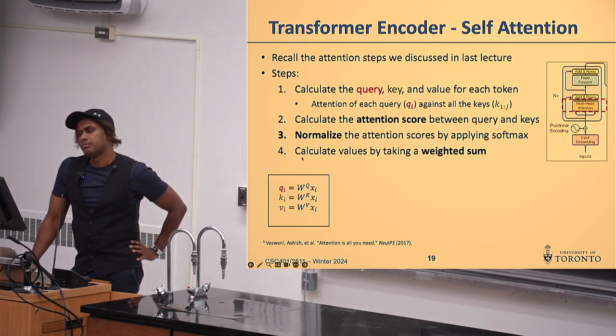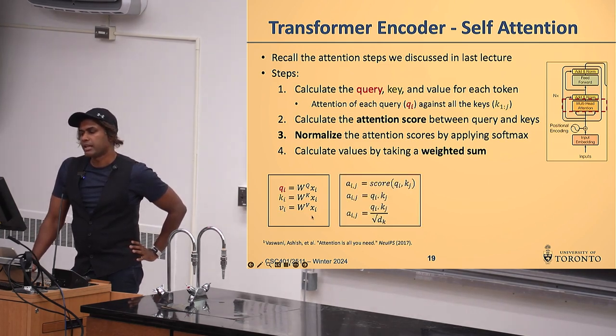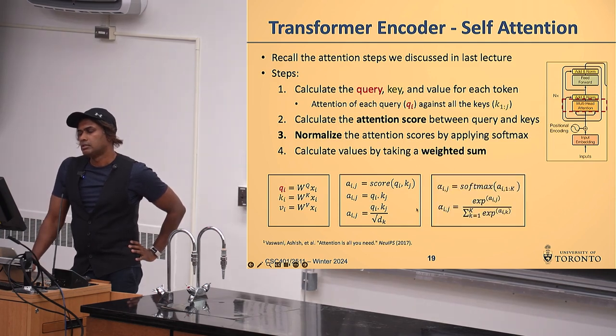So the first step, for each of the tokens, we calculate the query, key, QKV values, okay? Second step, we calculate the score between query and K. Third step, we normalize.